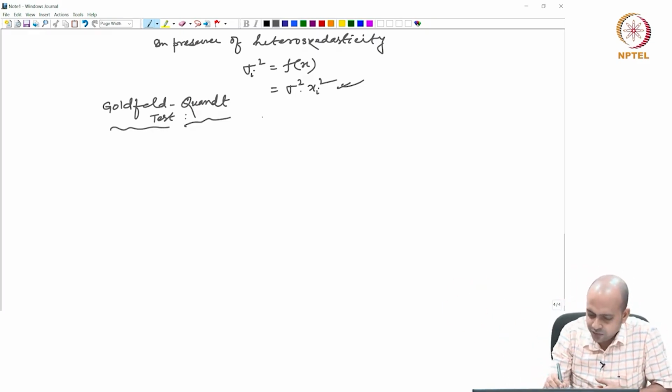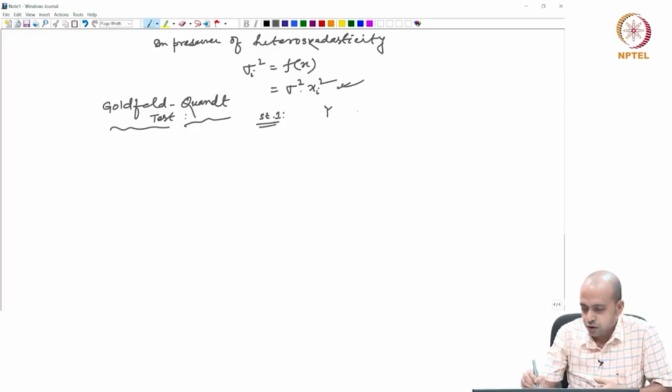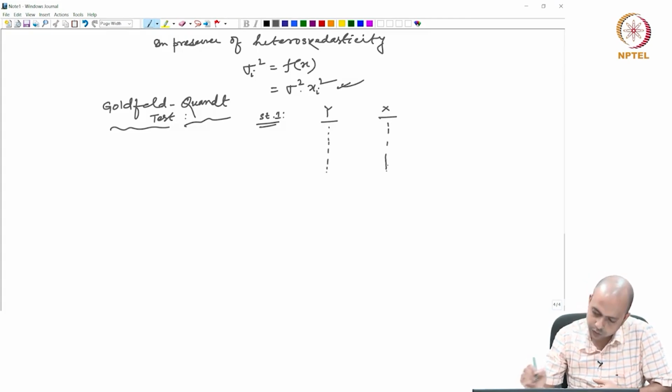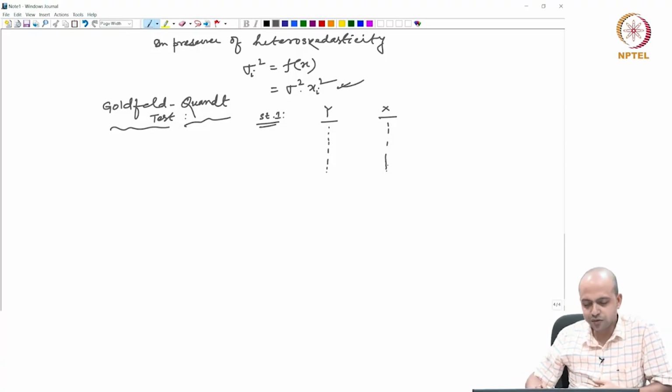So, they have given different steps for this Goldfeld-Quandt test. What they say: if you have your observations on y and x, let us say this is your observation, the first step is to arrange the x values from small to big.